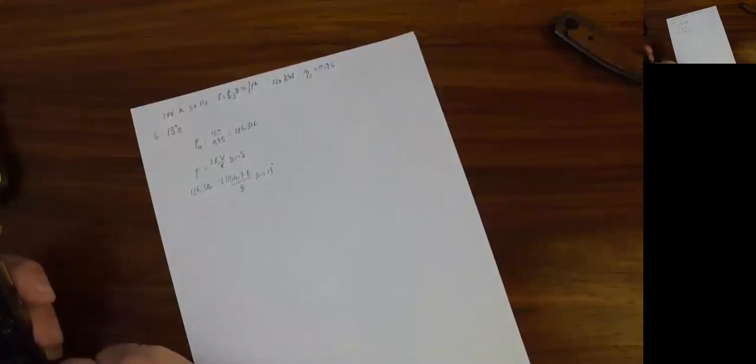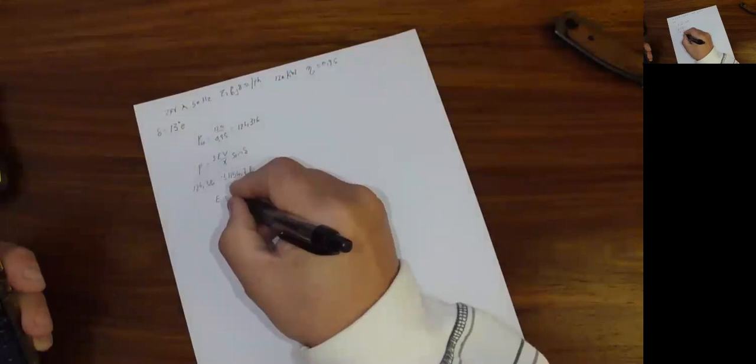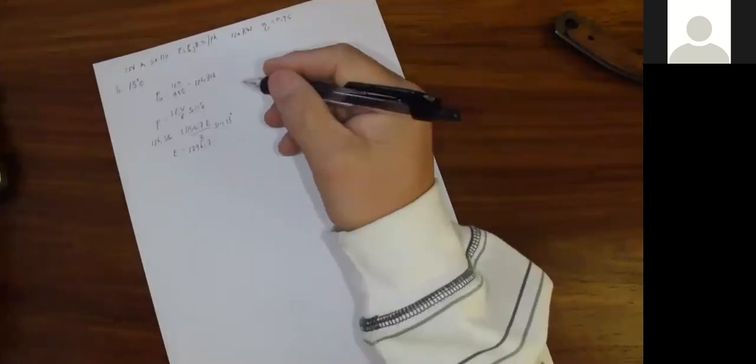All right, let me check. 126.316. Where do you get E? You agree?